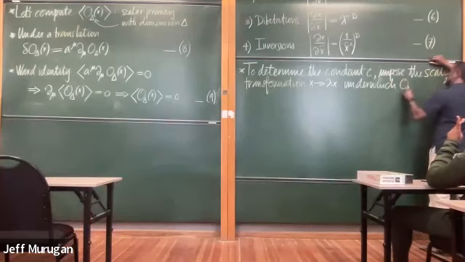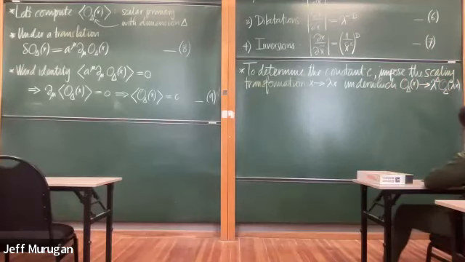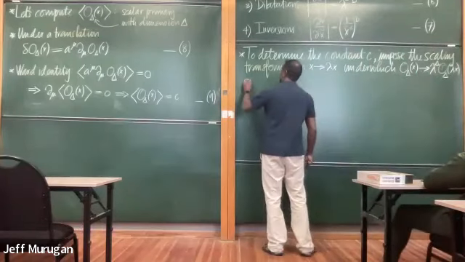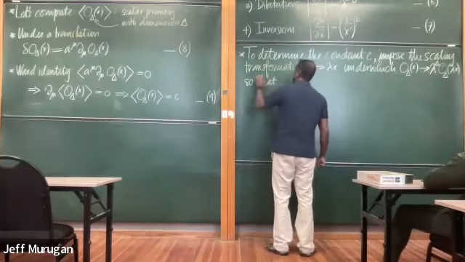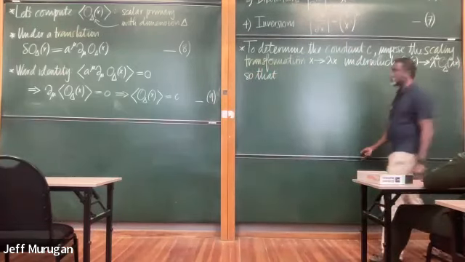So O delta of x goes to lambda to the delta of O of lambda x. We worked this out last time.